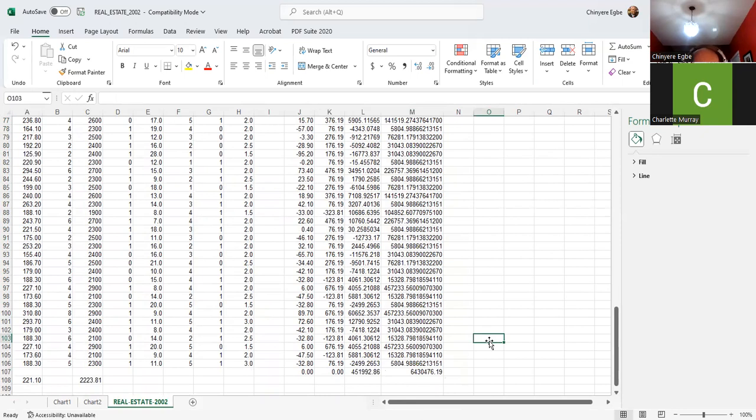Summation of x minus x bar times y minus y bar is 451,992.86, and the summation of x minus x bar squared is 643,0476.19. And so let's get back to our formula, and I'm going to save this for our purposes.